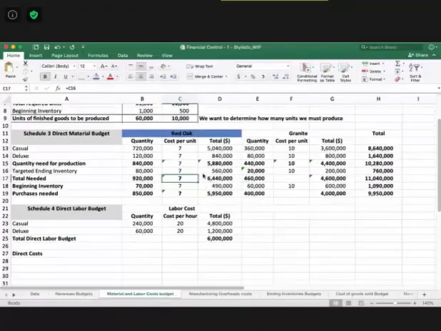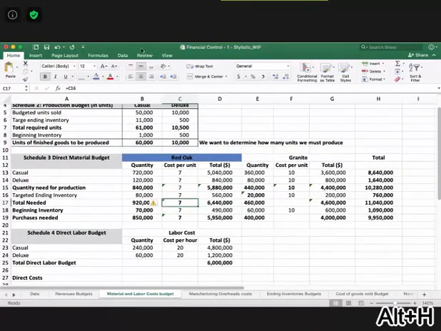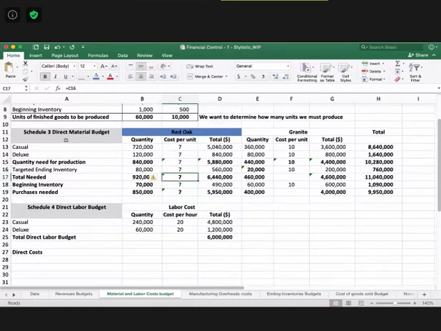Where is it? We did that in the Excel file yesterday. When we did this, we did the direct material budget, and what we did is that we calculated the quantity we need of each of the components, and we have a price per unit, or cost per unit.